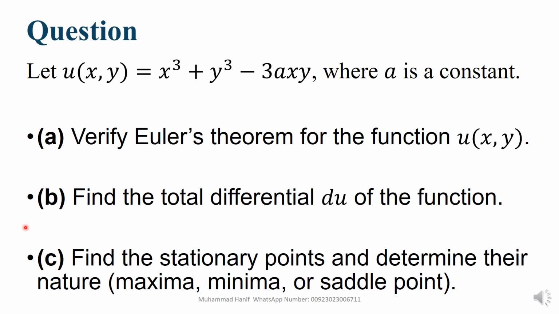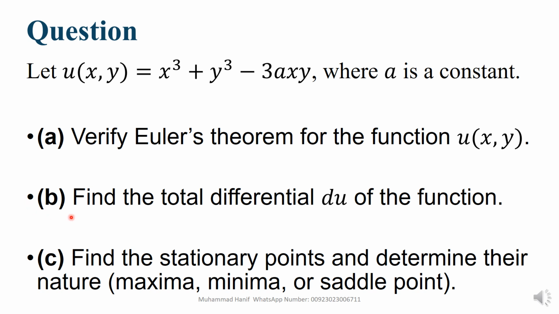Now the question is given. Let u(x, y) = x³ + y³ − 3axy, where a is a constant. Point A: Verify Euler's theorem for the function u(x, y).